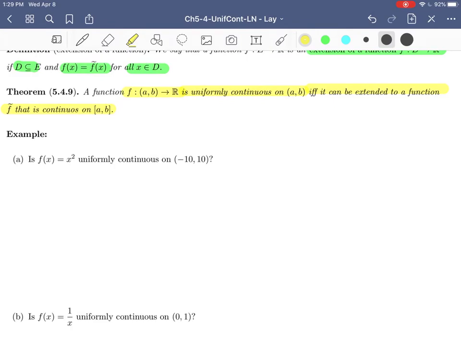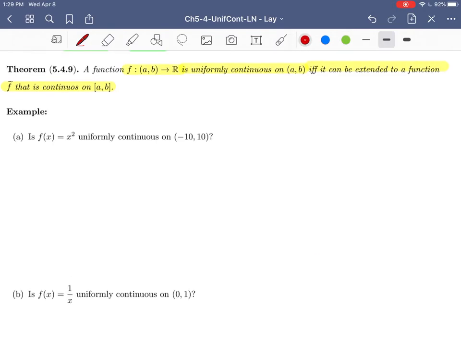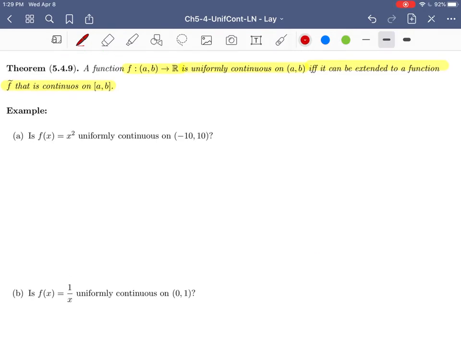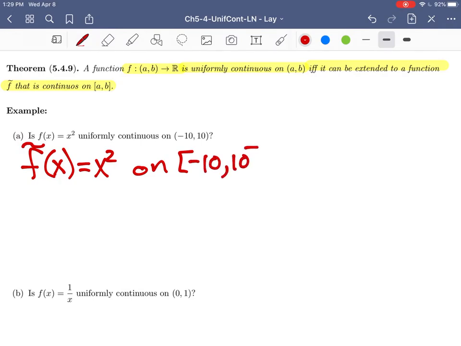All right, so let's look at a couple quick examples to close out this section. Is f of x equals x squared uniformly continuous on the open interval from -10 to 10? Right. And so f tilde of x equals x squared on the closed interval from -10 to 10.